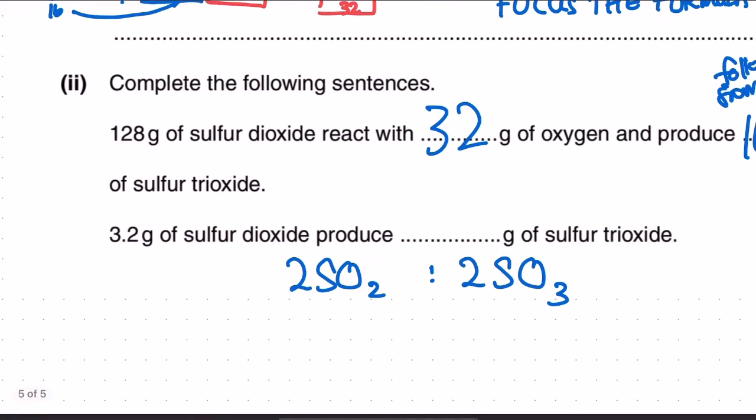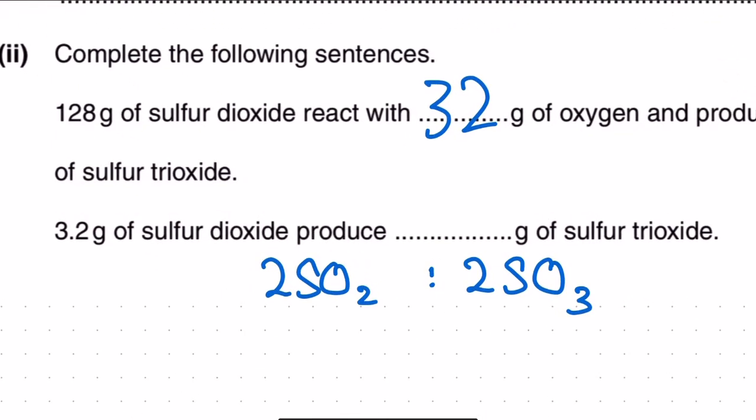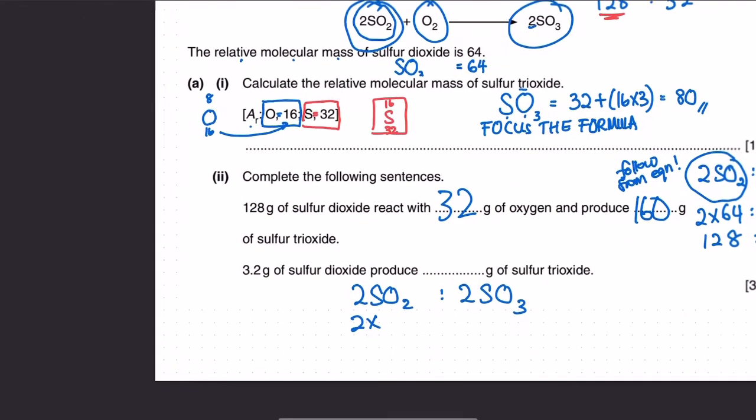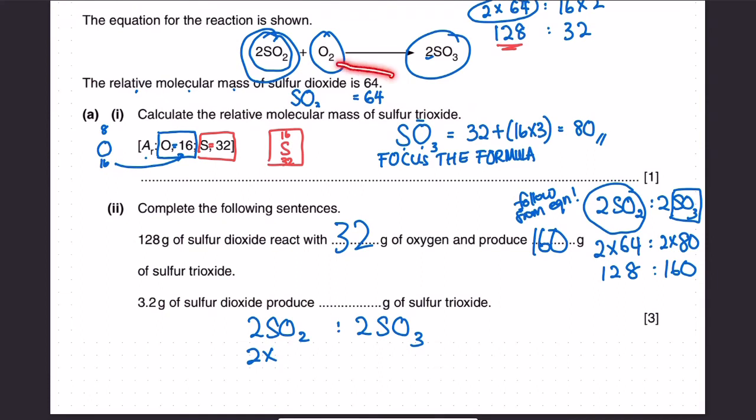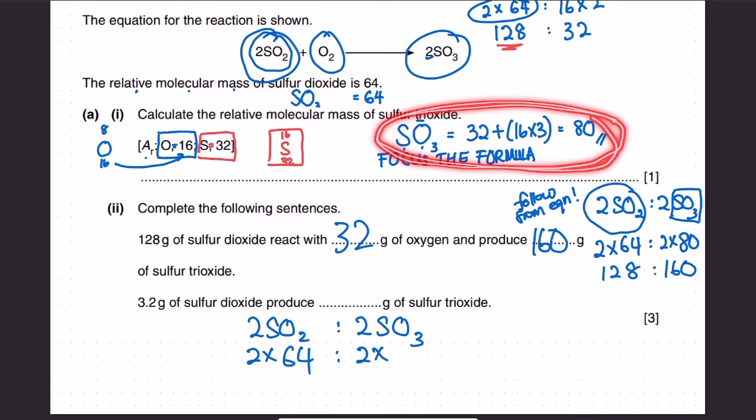Next, calculate their mass. So again, 2 times, how much was it? Sulfur dioxide, okay. Here, 64. Then sulfur trioxide, 2 times, how much was the sulfur trioxide? Let's check here. SO3, 80.